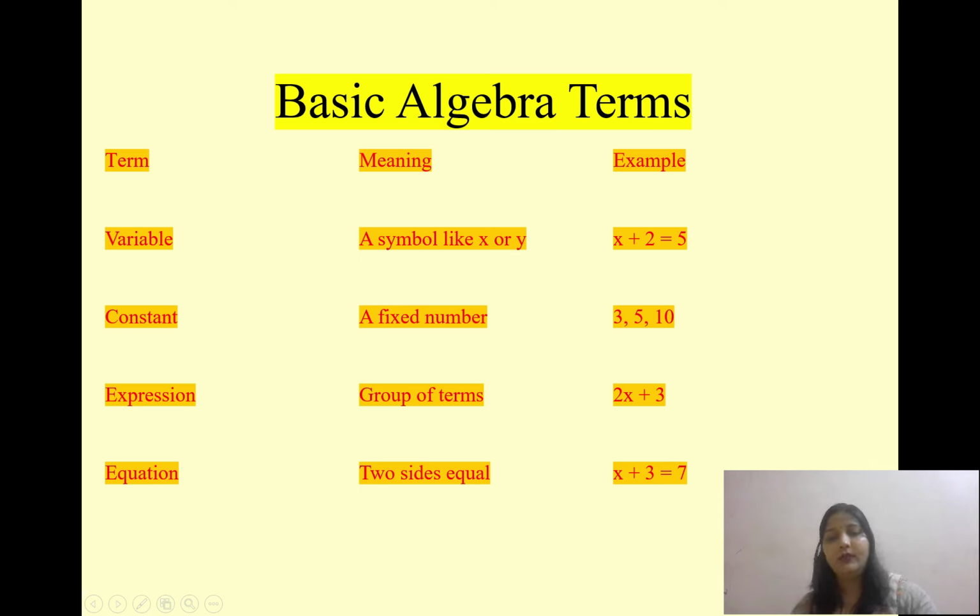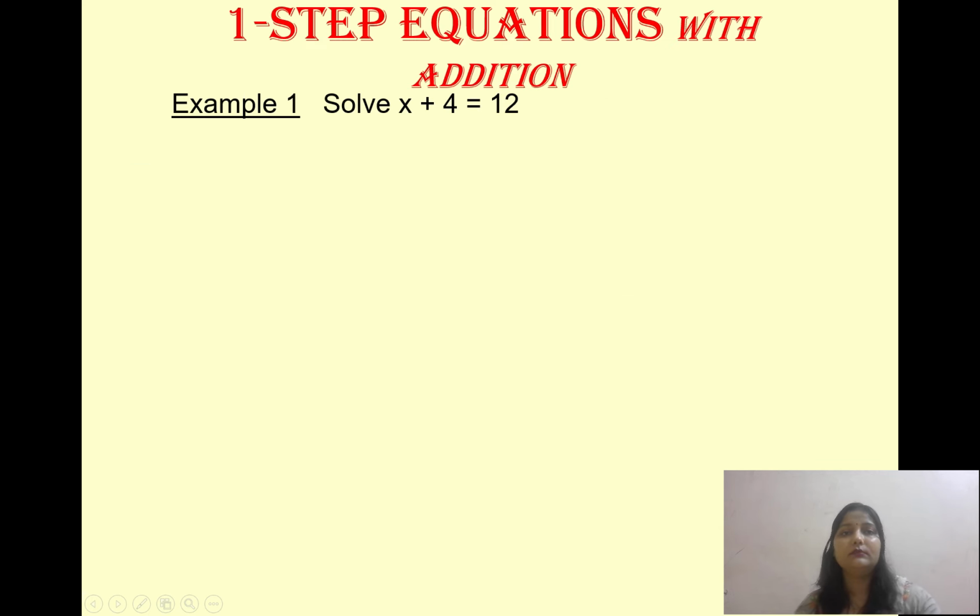Equation: both sides are equal, like x plus 3 equals 7. That is called an equation. Is it clear? Now let's move on to the addition operation.